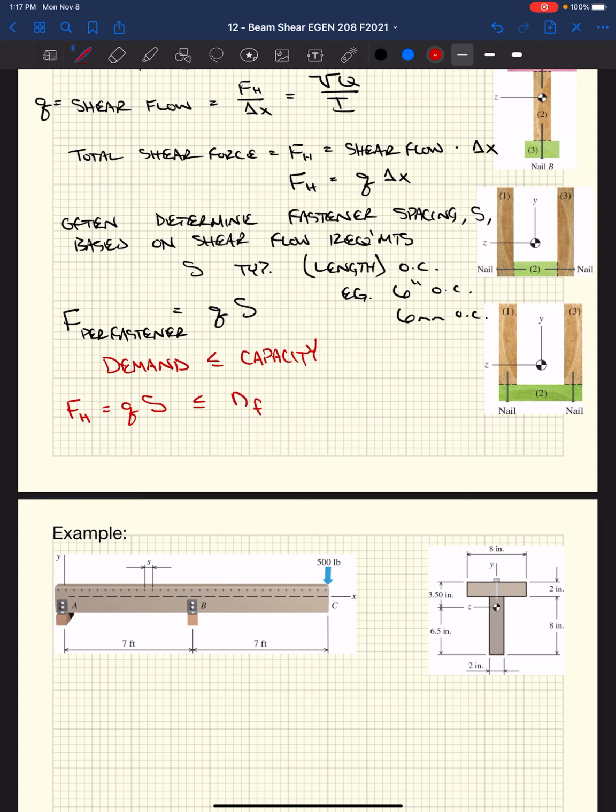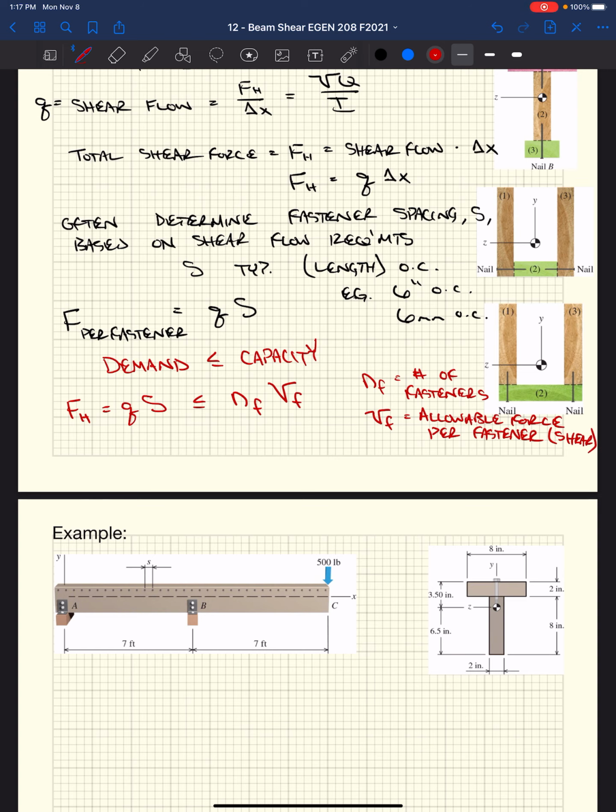Call this NF times VF, where NF equals number of fasteners and VF equals allowable force per fastener. This is in shear, right?